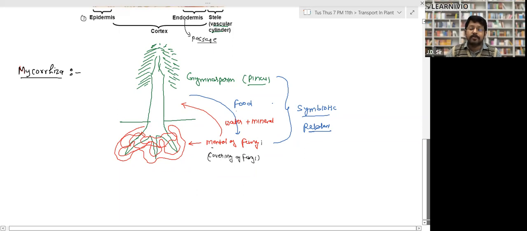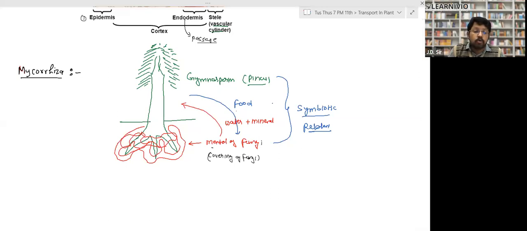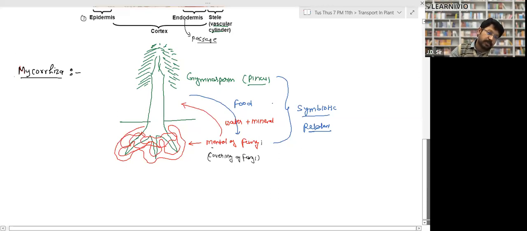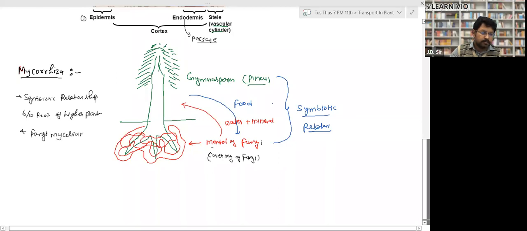So mycorrhiza is the symbiotic association between the root of a higher plant, like pinus, and fungi mycelium, right?